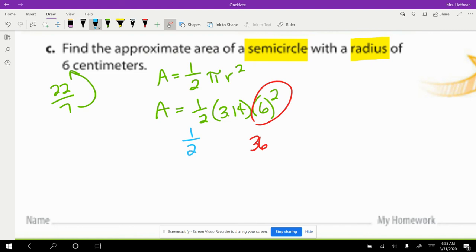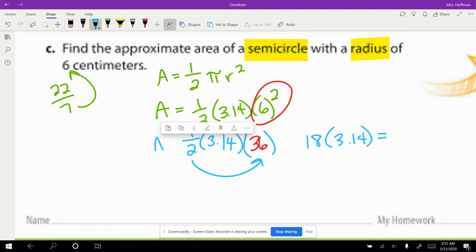So I could do half of 3.14 and then multiply by 36. But I think the easier thing to do, because I can do it in my head, is take half of 36 and then multiply by 3.14. So half of 36, if I cut that in half, I get 18. So now all I have to put in my calculator is 18 times 3.14, and that'll get me my answer.